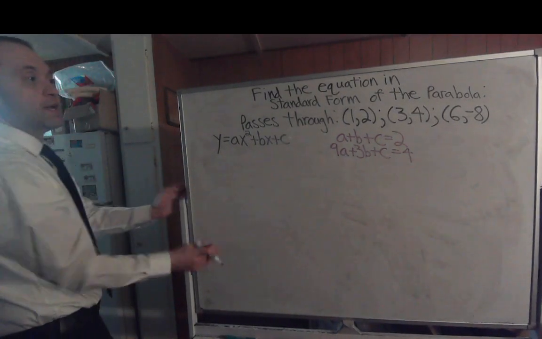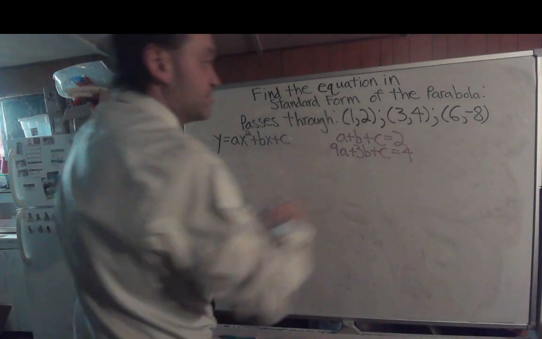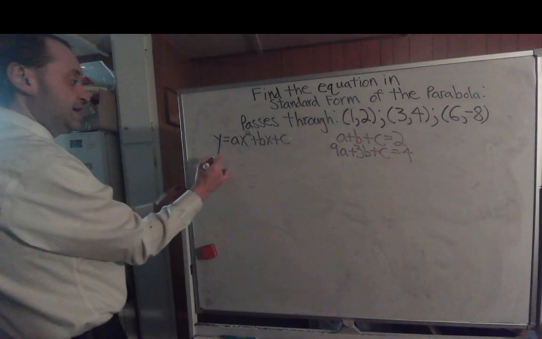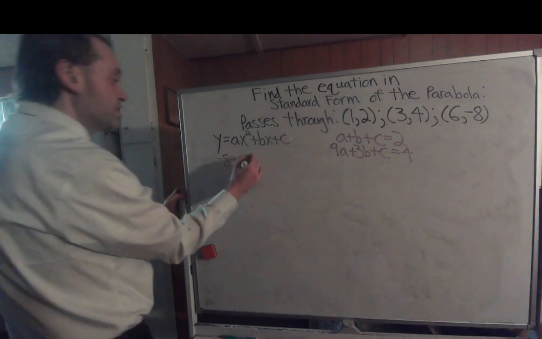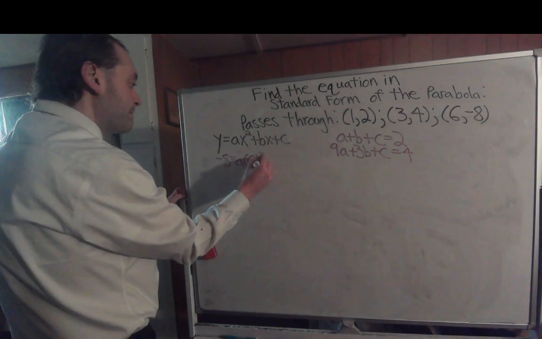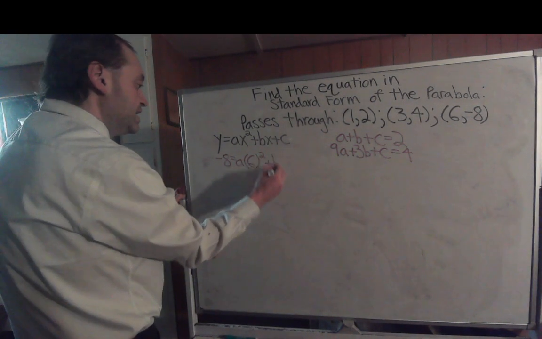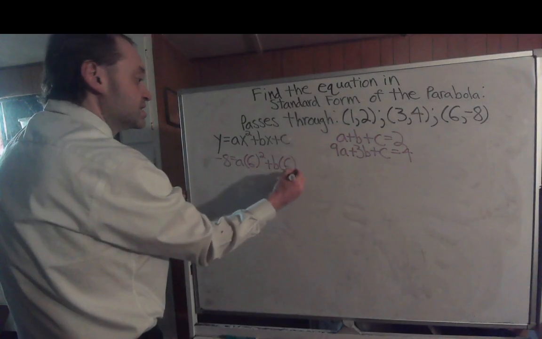You'll end up with, you have the point 6, -8, so -8 would go in for y. That's going to equal a times your x coordinate of 6 squared plus b times your x coordinate of 6 plus c.